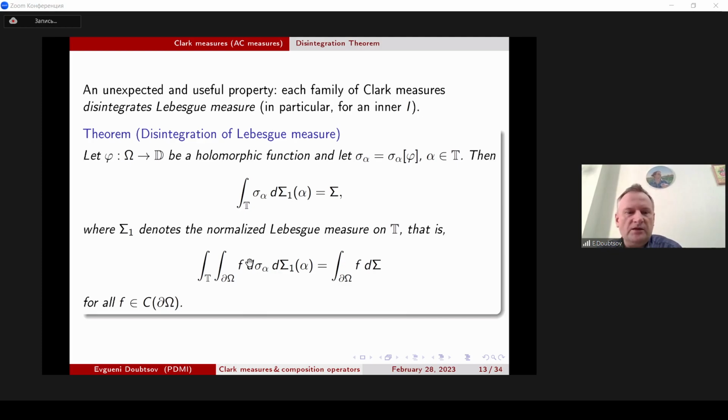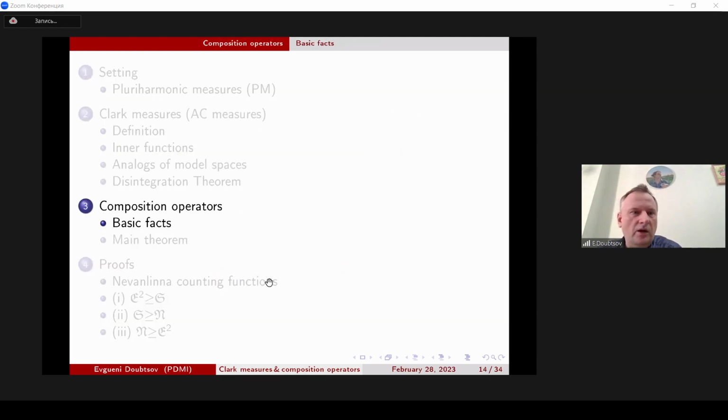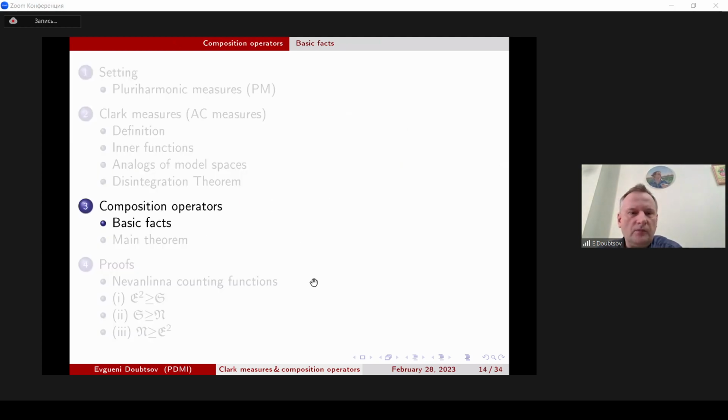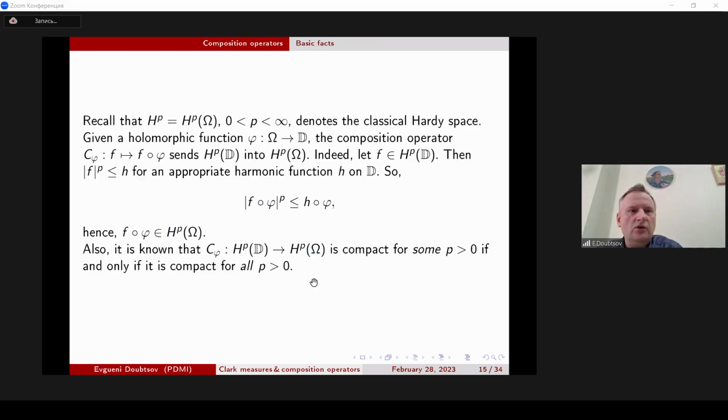Okay, so now I'm going to consider the main objects, composition operators. Still, I recall that HP is just the classical Hardy space. We have a holomorphic function phi from omega to the unit disk.